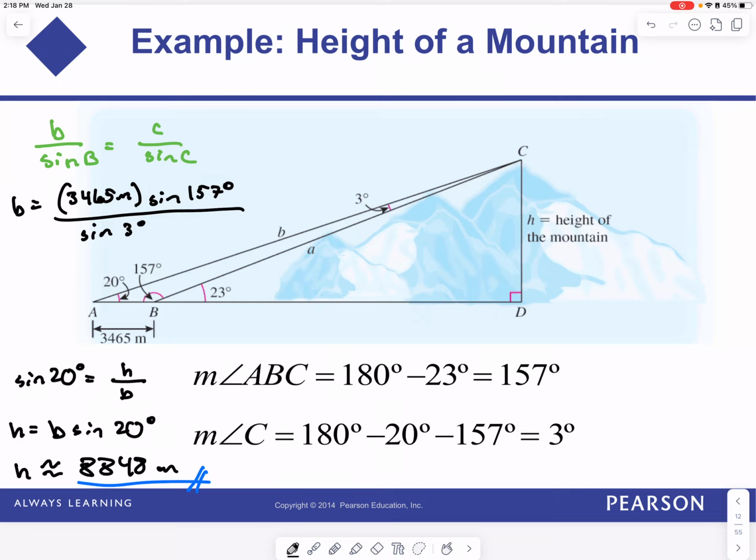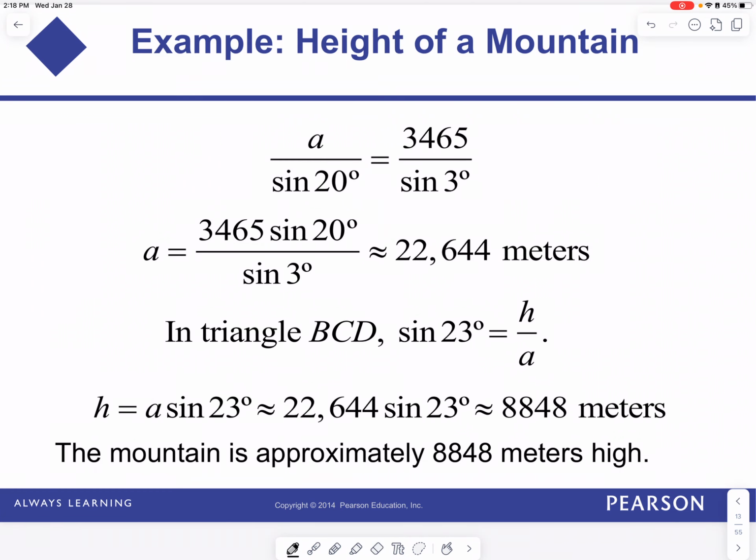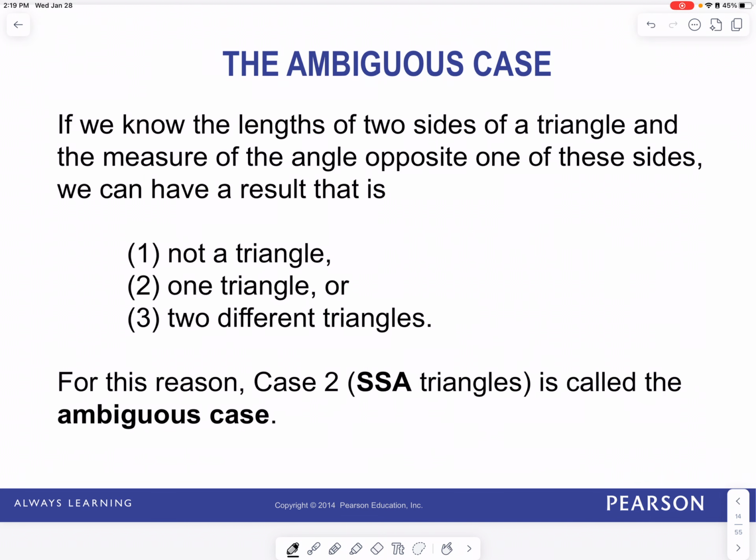Oh, they did A. Yeah, we're fine. Anywho. Now they solved for A. I mean, it's essentially the same thing. They just used other information. We got the same result. Okay, let's keep going. Let's try another one.